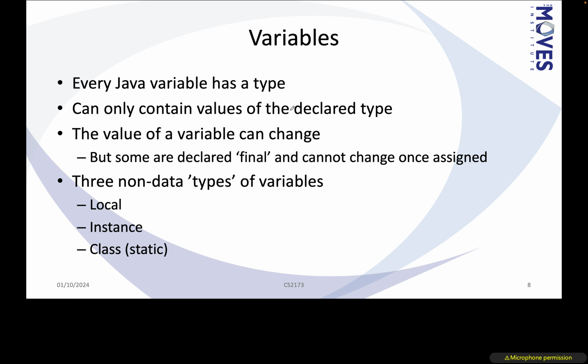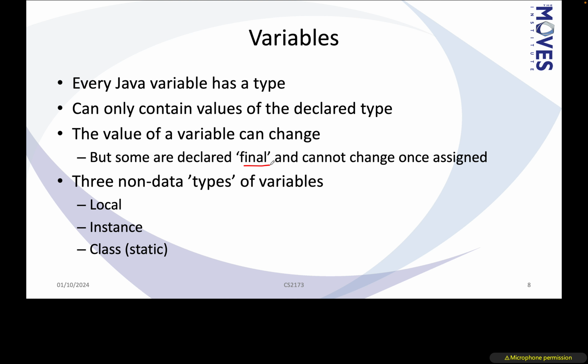So for a Java variable, you have to first declare what type it is, and it can only contain values of that declared type. Now the value can actually change, but we'll get into this later, so just tuck this away. There is a keyword called final, and if I declare a variable to be final, it means that I can only assign it once.